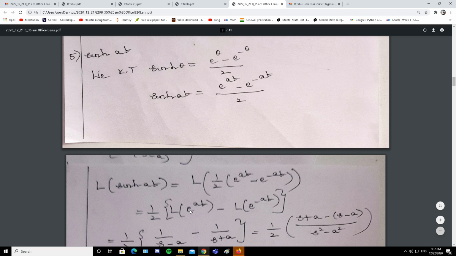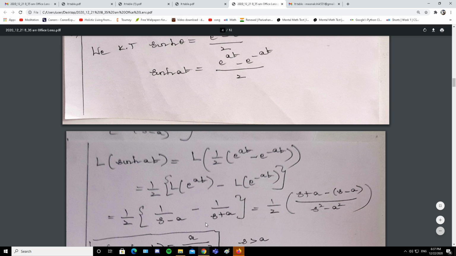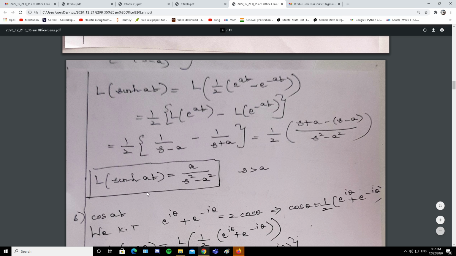So what is Laplace of e power at? 1 by s minus a, minus Laplace of e power minus at, 1 by s plus a. Take the LCM. So a minus b, a plus b, s square minus a square, and numerator, if you simplify, it is 2a. So 2 gets cancelled. So Laplace of sin hyperbolic at is a by s square minus a square, where s is greater than a.